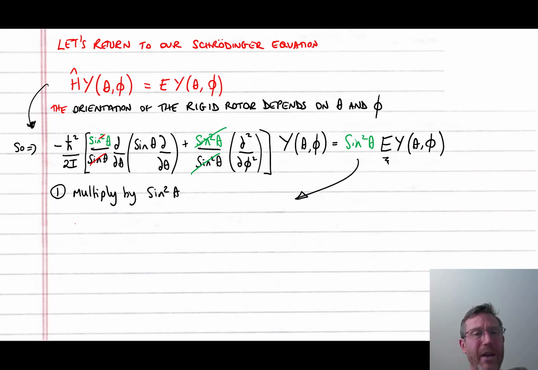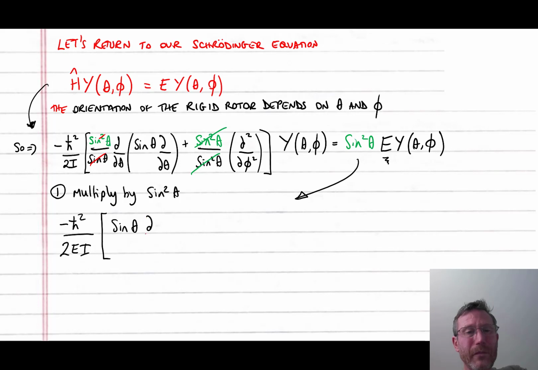So what we end up getting there is minus h bar squared over 2EI, and then the sine theta term on top, d by d theta, sine theta d psi by d theta.